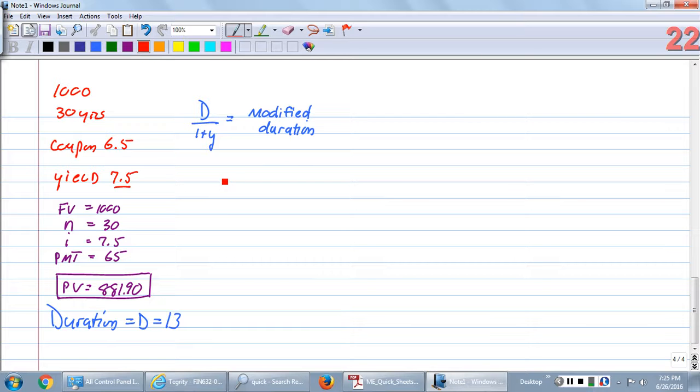So our estimated percentage price change in a bond is equal to -1 times modified duration times the change in interest rates.